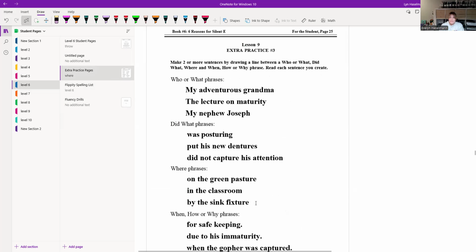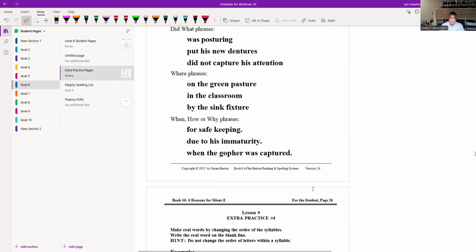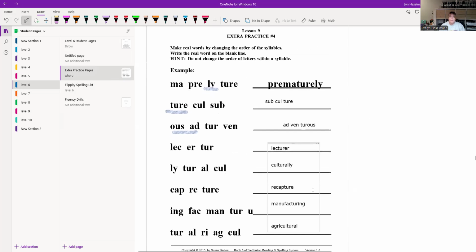Extra practice pages: make 2 or more sentences. My adventurous grandma was posturing in the classroom for safekeeping. Okay. The next one: make real words by changing the order of the syllables. This might be hard for certain students, I should say, because we certainly don't just work with kiddos.